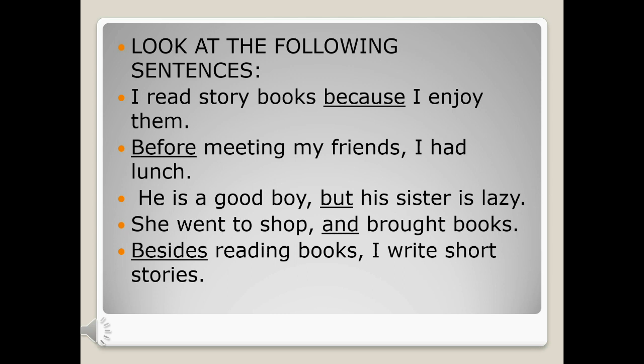Now, look at the words which are underlined in the sentences which I have just read. The words are because, before, but, and, besides.